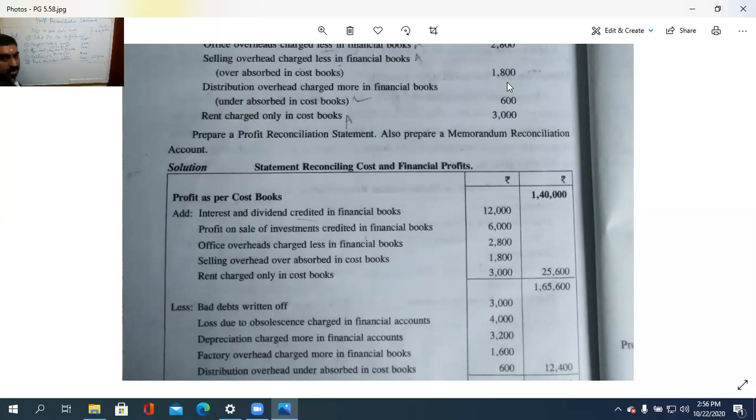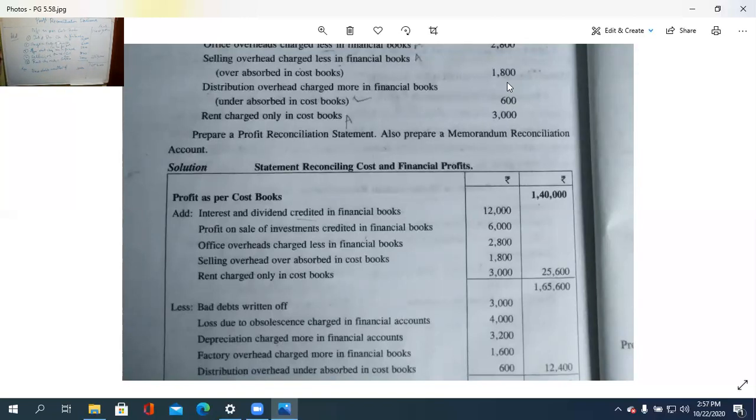Then how much is the total? 1,65,600. Less all those items not added, that is to be less here. So balance return of it is how much? 3,000.